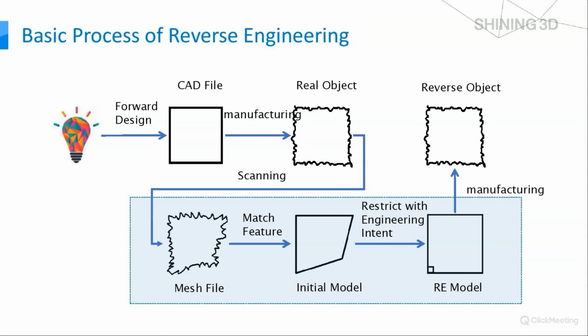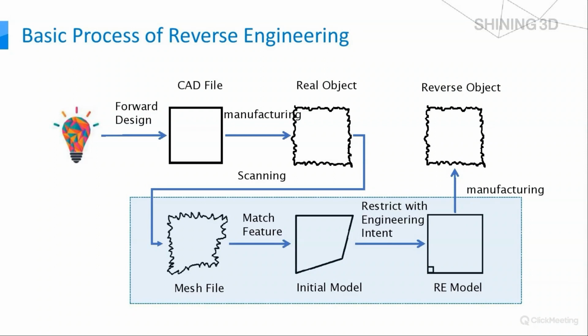So when you reconstruct this object, you have to guess what the true value is, which should be 5 millimeter in this case, okay? And this is what we have. The output of this reverse engineering process is a reverse engineering model, which could be a CAD file or an STL file.